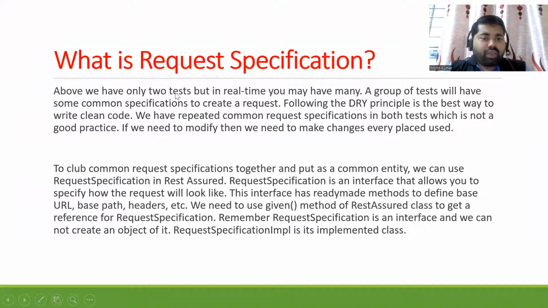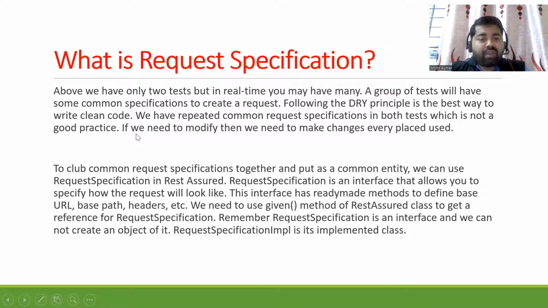Here we have created multiple test cases, but in real time you may have many. A group of tests will have some common specification to create a request. Following the DRY principle is the best way to write clean code. We repeat the common request specification in both tests, which is not good practice.